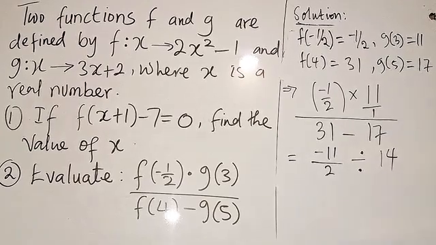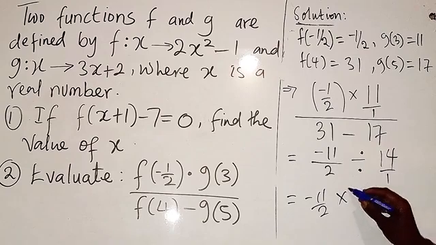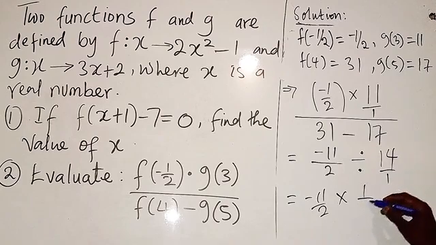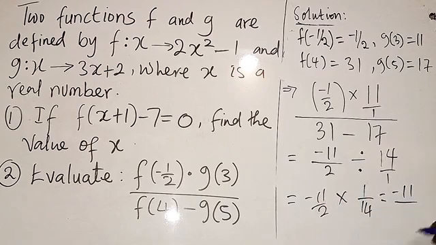So from there, you know that this 14 is like over 1 also, we're going to have minus 11 over 2 multiplying. If you change this division sign to multiplication, 1 will go up, 14 will come down, we have 1 over 14. So minus 11 times this, we're going to have minus 11 divided by 2 times 14, and that is 28, right?